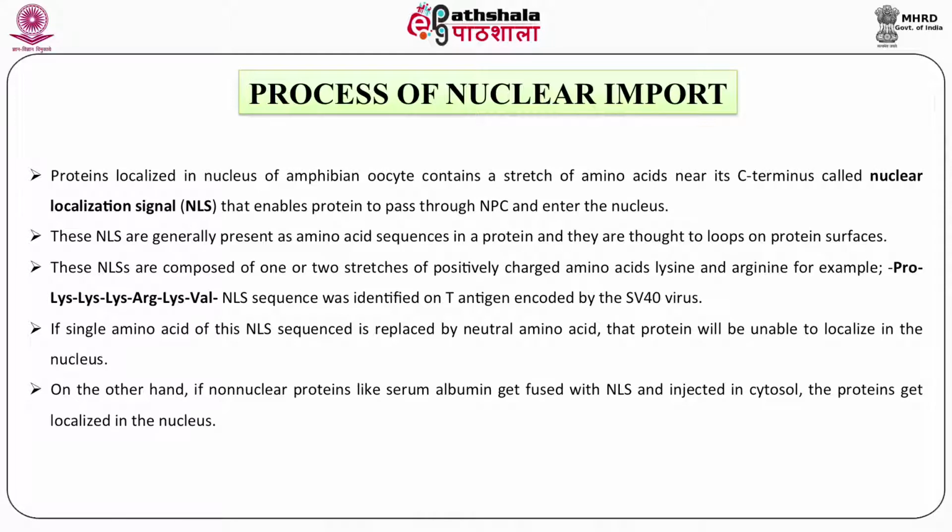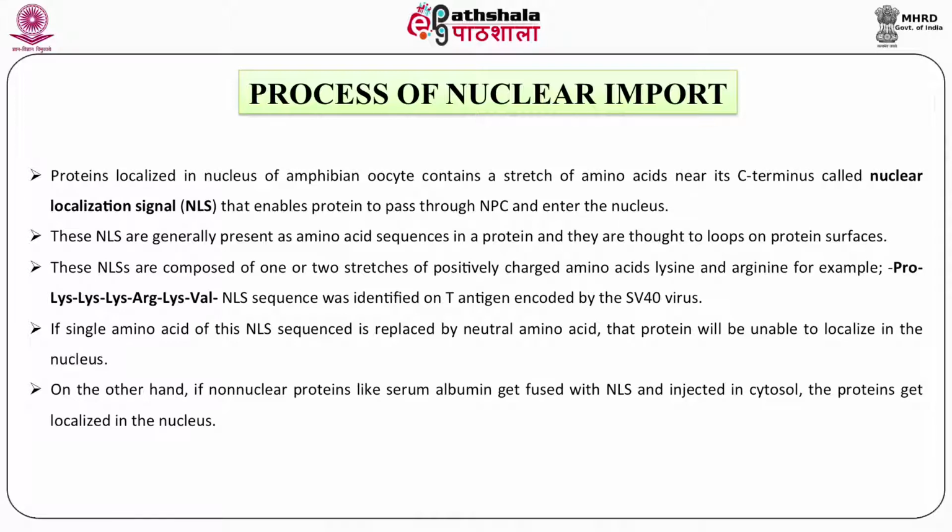These NLS signals are generally present as an amino acid sequence in a protein, and they are thought to loop on protein surfaces. These NLS are composed of one or two stretches of positively charged amino acids, which are basically lysine and arginine.